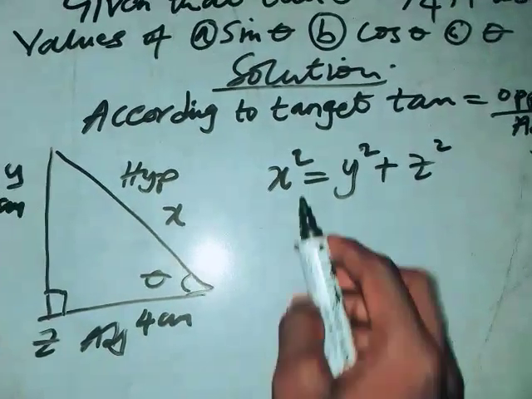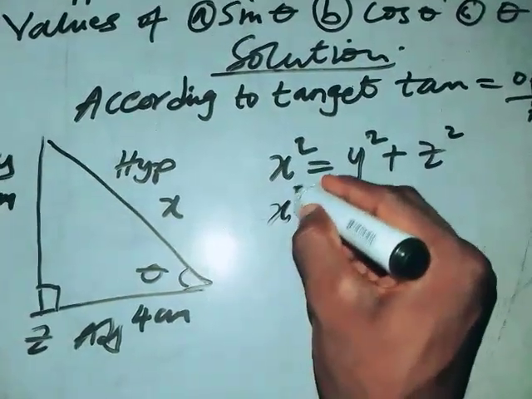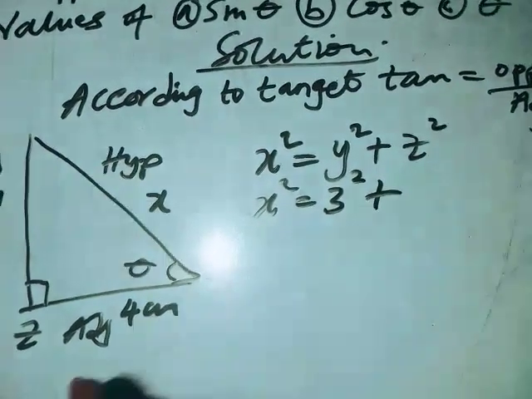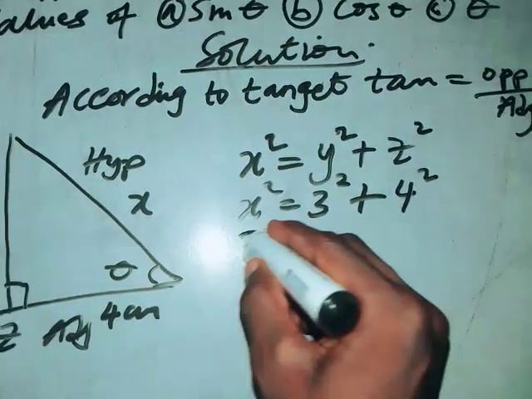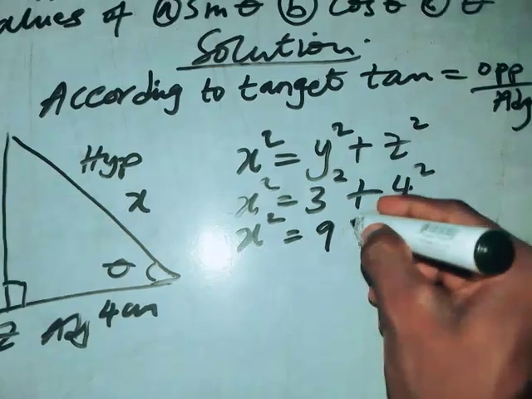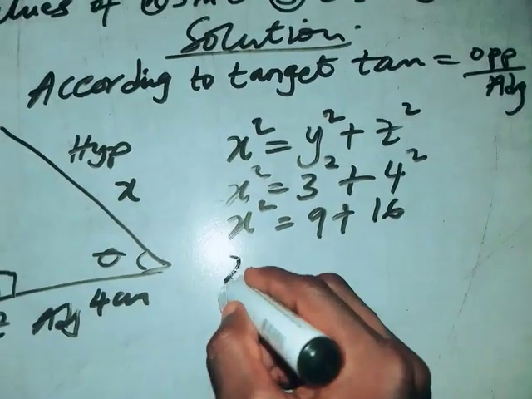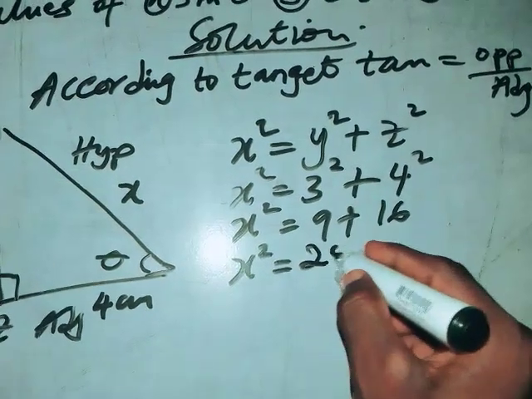Our y here is 3, so x square equals 3 square plus 4 square, which is 9 plus 16, so x square is equal to 25.